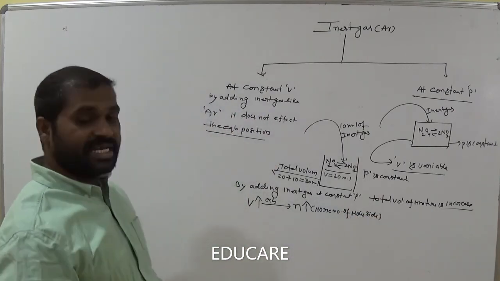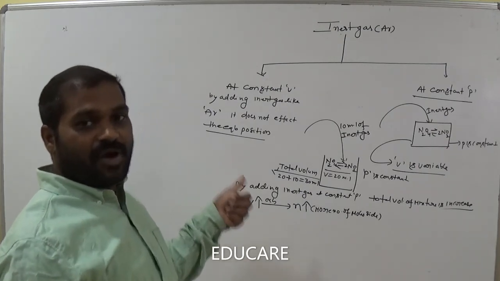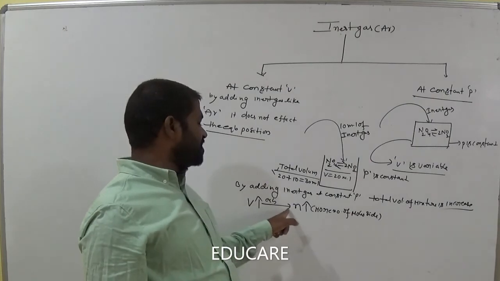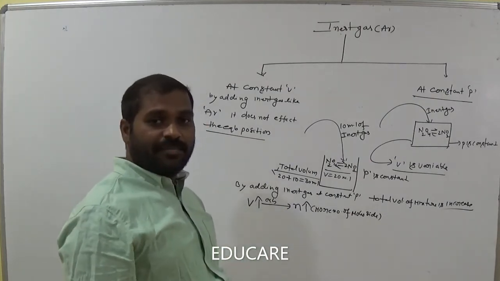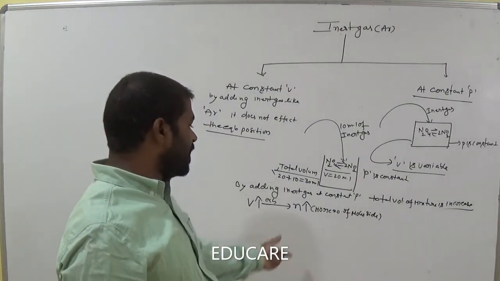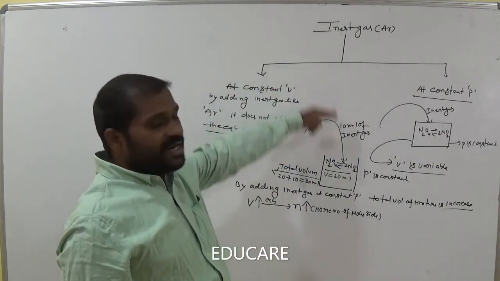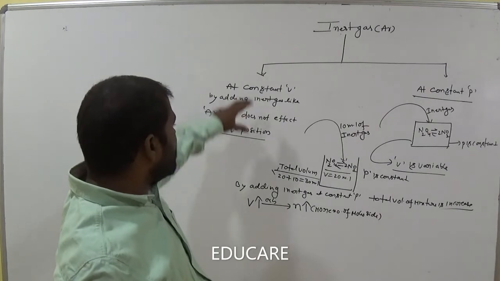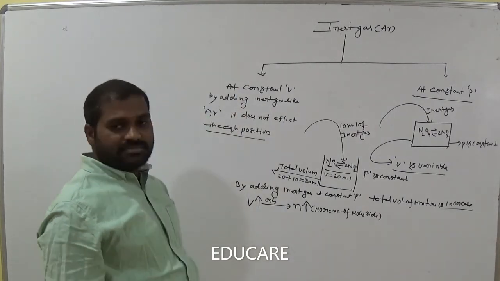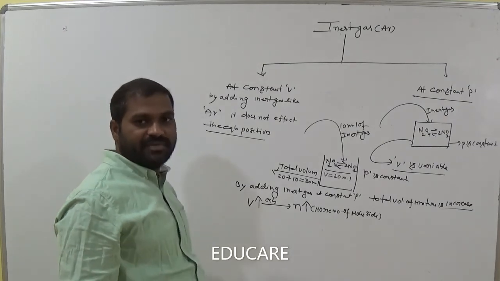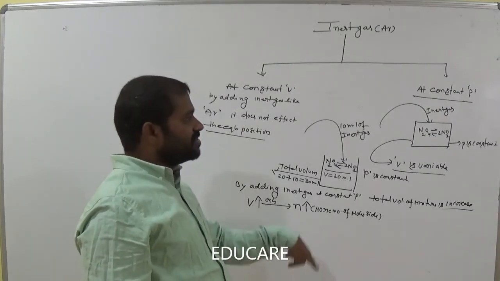Once you need to check it, effect of volume at equilibrium. If volume increases, equilibrium position shifts towards the more number of moles side. Very important: effect of inert gases at chemical equilibrium at constant volume, it doesn't affect the equilibrium. There is no effect at constant volume. Next, the second case.